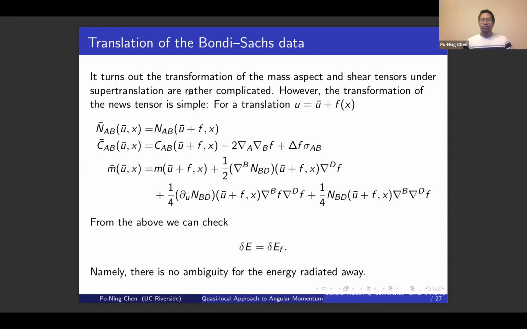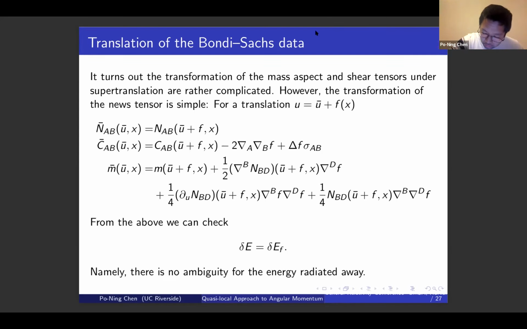However, from this one can check the following: the energy radiated away that we wrote down before in the u coordinate system is the same as the energy radiated away in the u bar coordinate system.